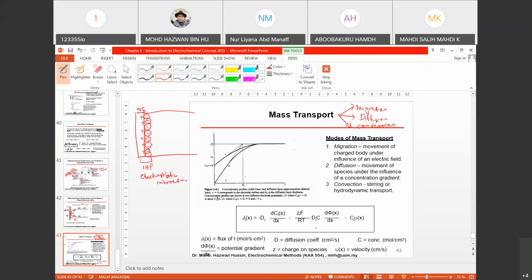The mode by which the negatively charged ion can be attracted to the positively charged ion is known as migration. Migration is always related with the movement of charged bodies under the influence of an electric field. In this case, because you have positively charged ions, migration will occur. Ions will migrate from the outer Helmholtz plane to the inner Helmholtz plane. This process is known as migration.